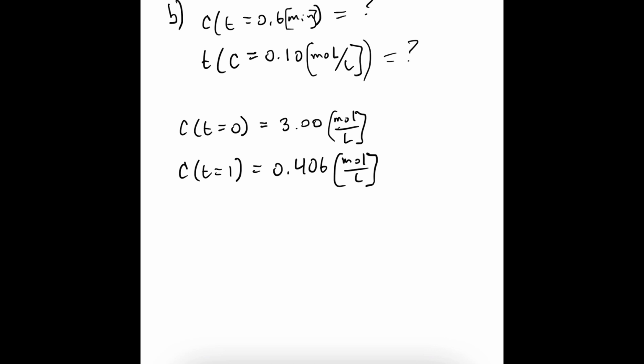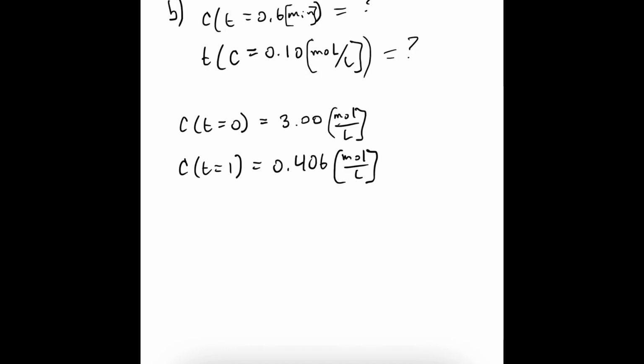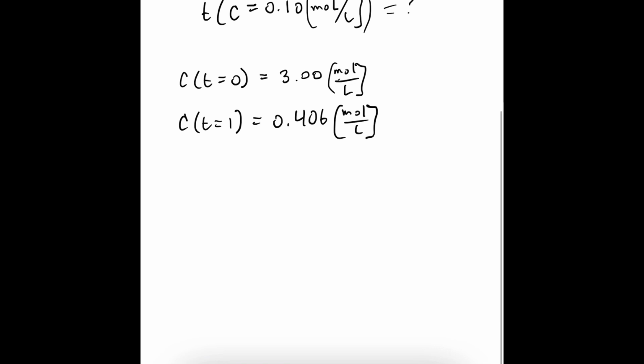And again, I got both of those values just by plugging 1 in for t and 0 in for t, and then calculating what it was using that equation. Now we're supposed to do 2-point linear interpolation or extrapolation to estimate based off of these 2 points.